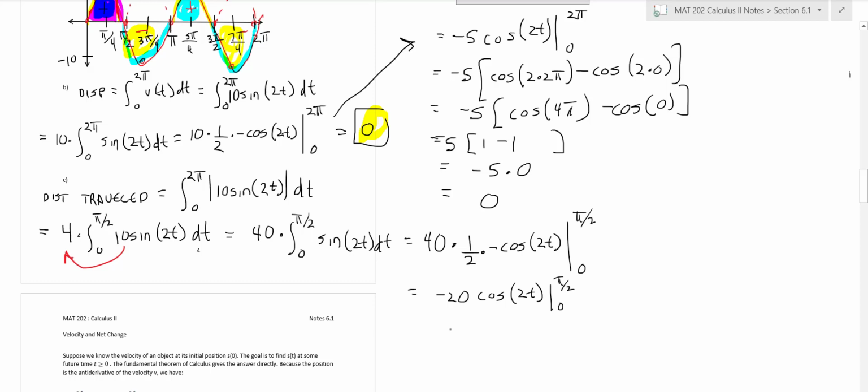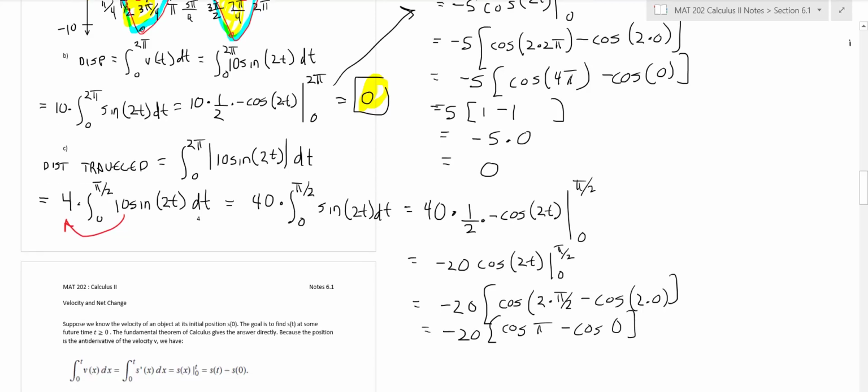So now we have our antiderivative, we're ready to evaluate it. Just write down the negative 20, upper limit goes in, you'll have cosine of 2 times pi over 2 minus cosine of 2 times 0. And that will be negative 20 times cosine of pi, the 2's cross out, and then cosine of 0, like that.